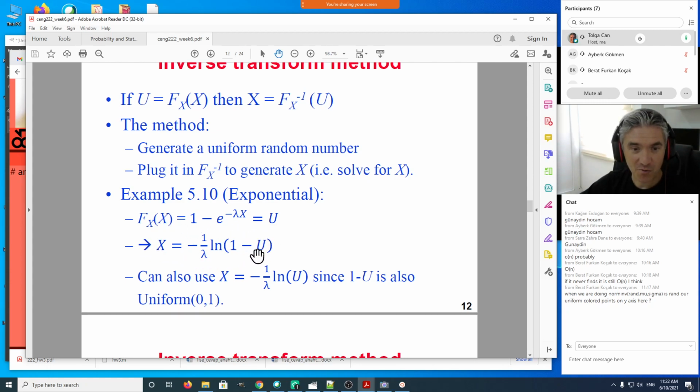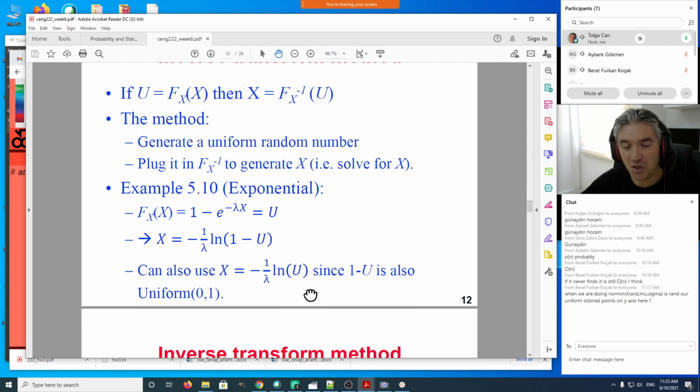Instead of taking 1 minus u all the time, we can also use u, because u and 1 minus u are both uniformly distributed. They're both standard uniform. If you generate a random number u and take 1 minus u, it will also be a standard uniform random number. So therefore, instead of 1 minus u here, you can also use u.